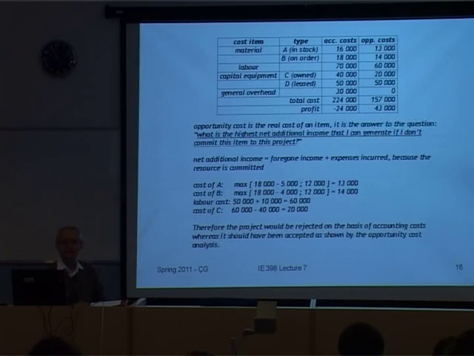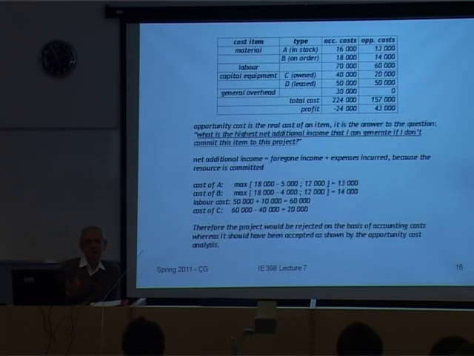Cost of B is given as 18,000 euros by the accountants. But the correct value, the opportunity cost of B, is 14,000, and we calculate it again here. B was not available at the moment, but an order has been placed. And when deliveries are made, you will have to pay 18,000 euros. But there are two options. If we do not commit B to this project, how much money can we make?